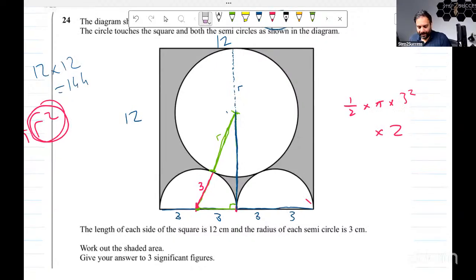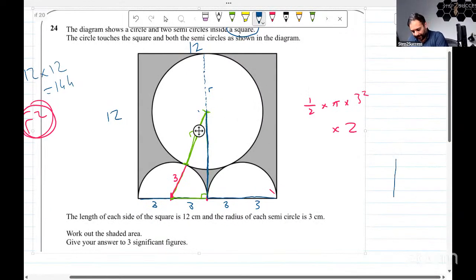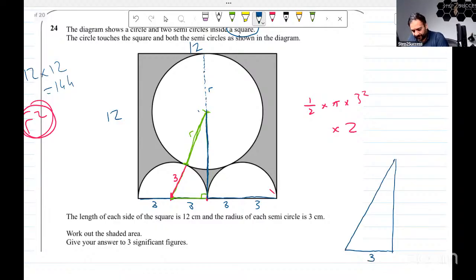And so if I just take this triangle and put it here, because sometimes it's easier to see these things, then this length is 3, because it's that 3 there. This diagonal is this 3 plus this R. And this side, remember, all of this was 12, which means that this bit is 12 minus this R. So that is 12 take away R. And that's what you need to do, because now we have a right angle triangle, and we know what's true about right angle triangles, that this side squared plus this side squared equals this side squared.